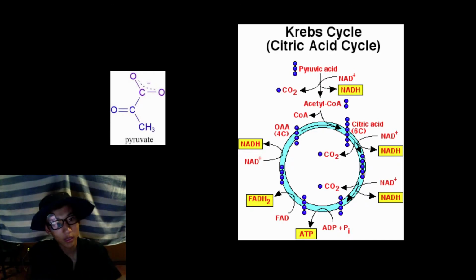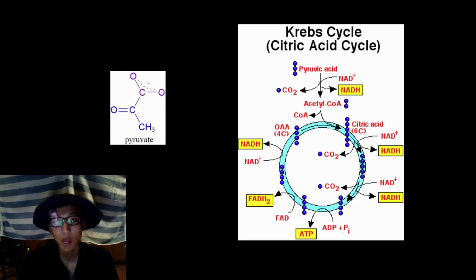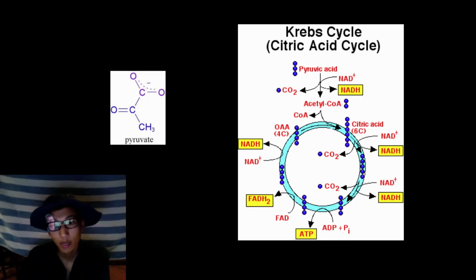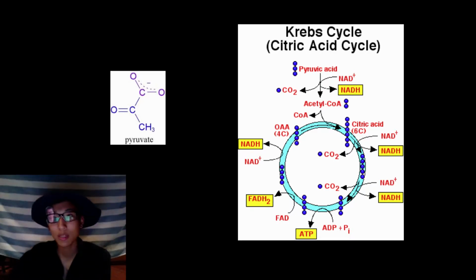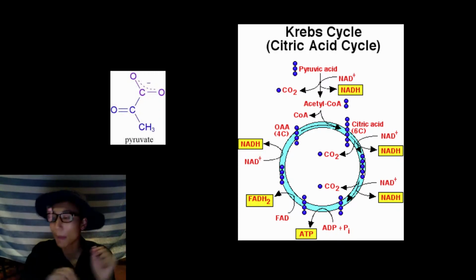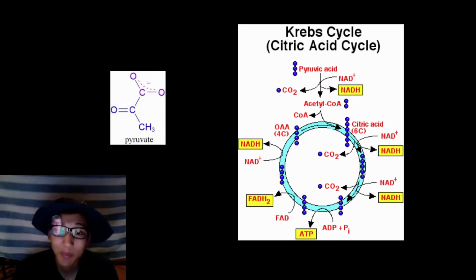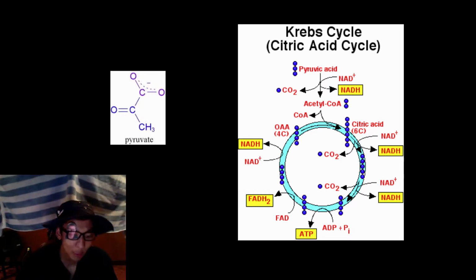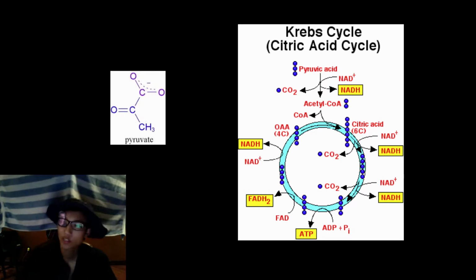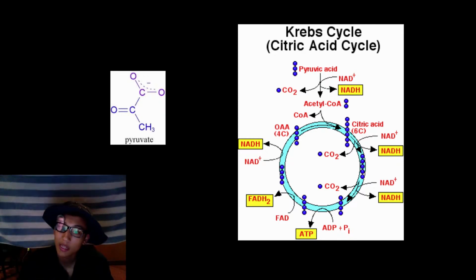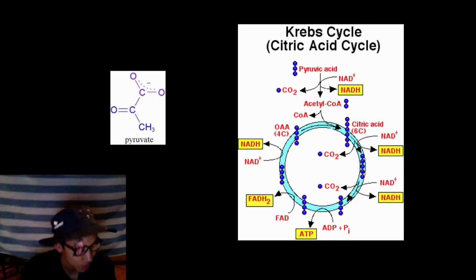From glycolysis, the first step, and the Krebs cycle, the second step, we need NADH and FADH to transport these protons and electrons to the electron transport chain, and this will power the mass production of ATP from the ETC. So that's why we need the Krebs cycle to create the NADH and FADH for the transportation.